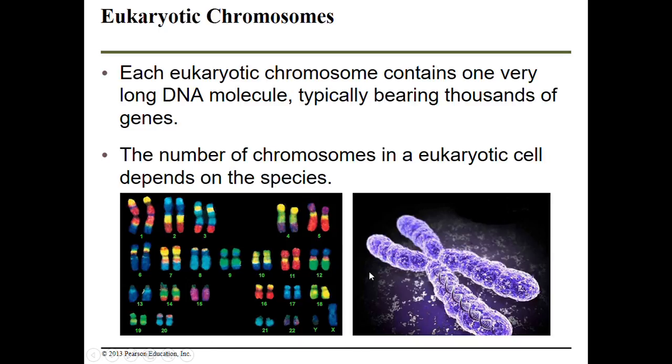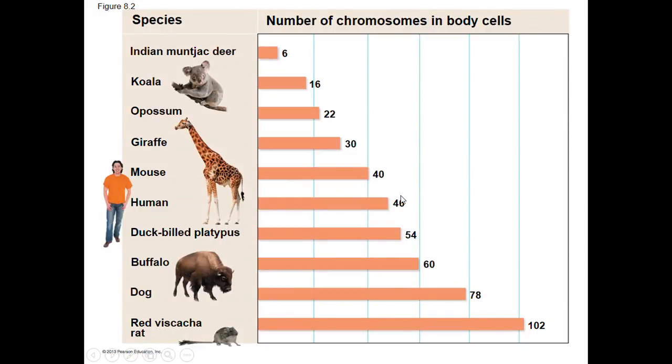With 2 each, so 23 times 2 is 46. And notice that the number of chromosomes an organism has doesn't necessarily indicate complexity of that organism. So like this little red rat down here has 102, but that doesn't necessarily mean it's more complex than a giraffe, for example, that has 30.